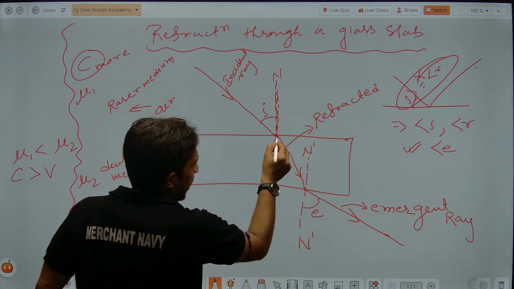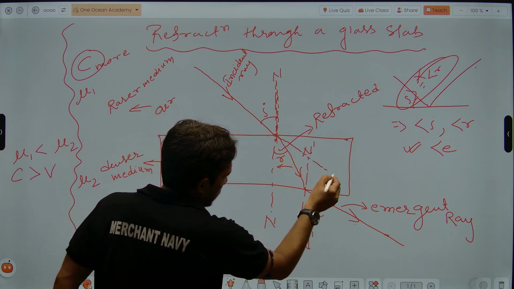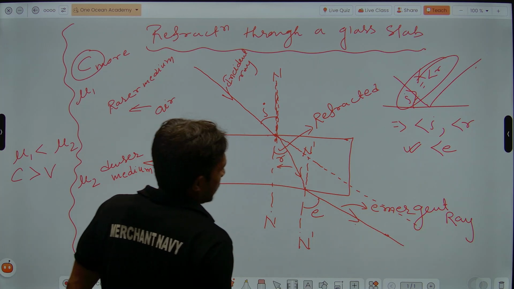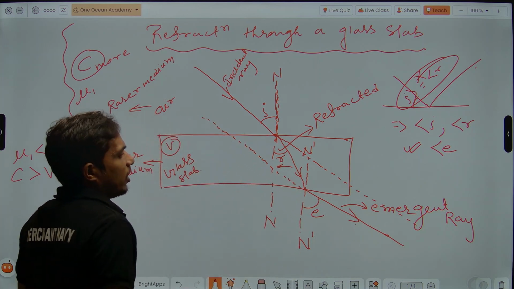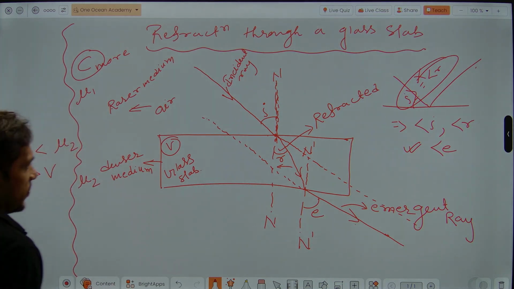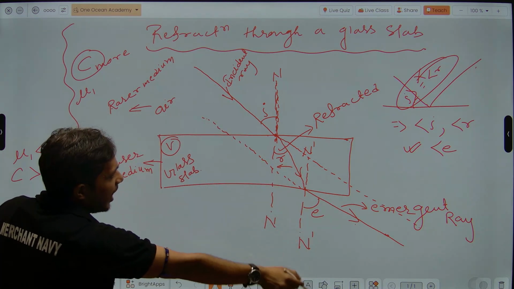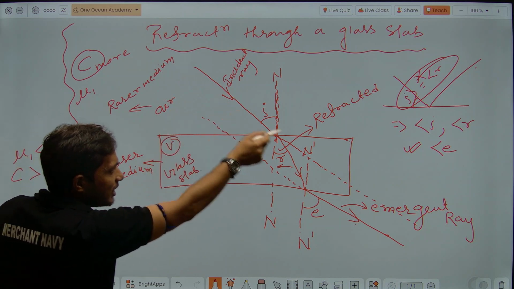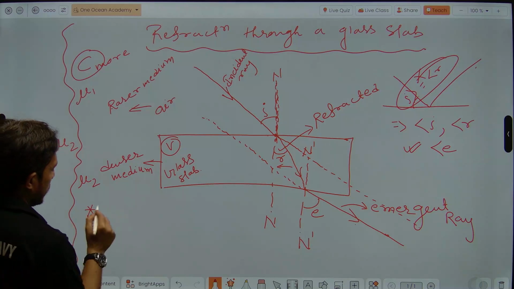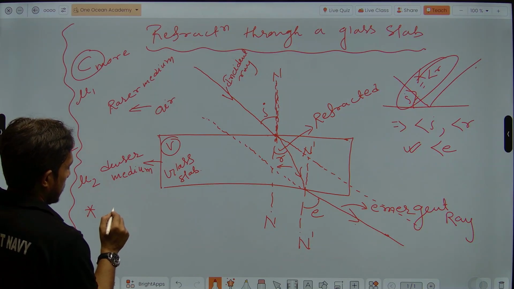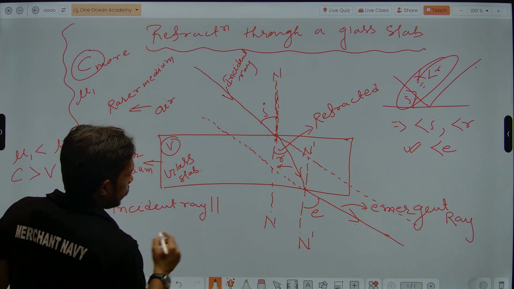Now when we elongate the incident ray, it will make such a line, and when we elongate the emergent ray, this will make such a line. From here we can see that the incident ray and the emergent ray are parallel to one another. So, first point: the incident ray is parallel to the emergent ray.